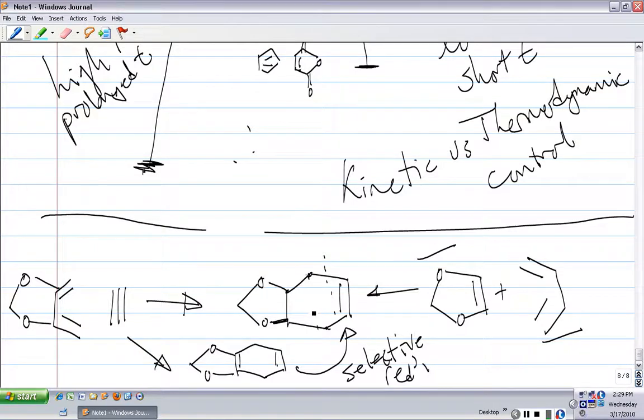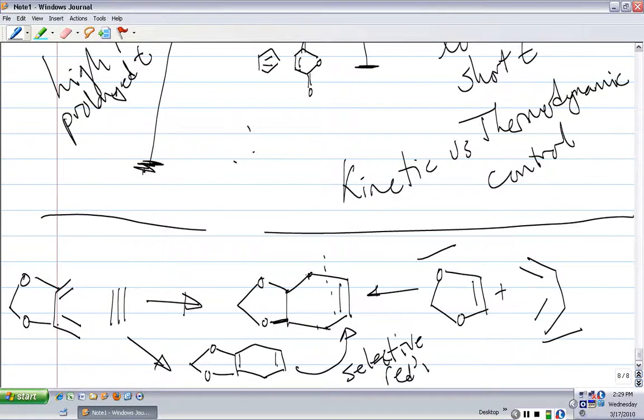On the other hand, if I go the method on the left, my diene is activated. It's significantly activated because I have 2 strongly electron releasing groups on it. My dienophile is not activated, but at least my diene is. So in this reaction, it is favored, so my timer is beeping, so it's time for us to stop.